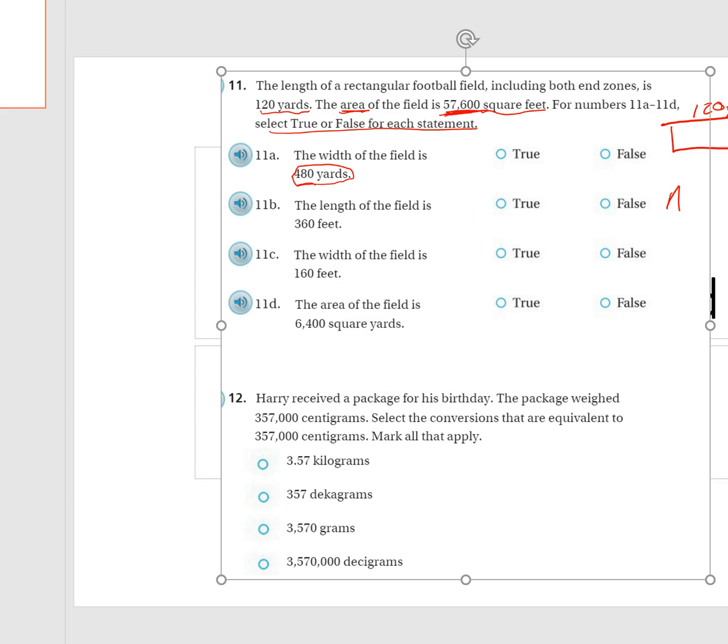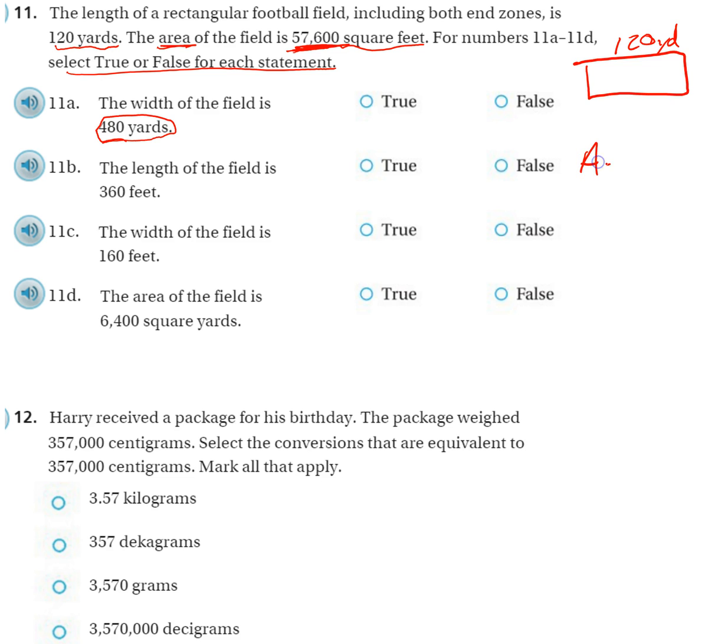To find area, we need to do length times width. So we know the length is 120 yards times, we don't know the width, equals the area, and we need to change that to yards.